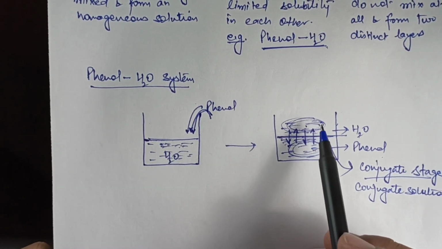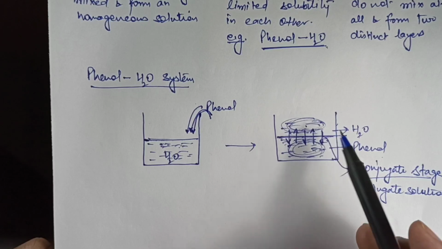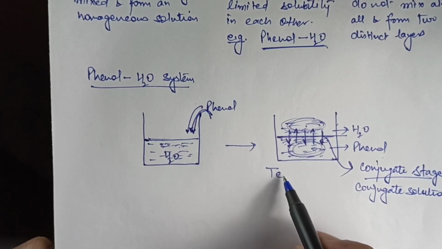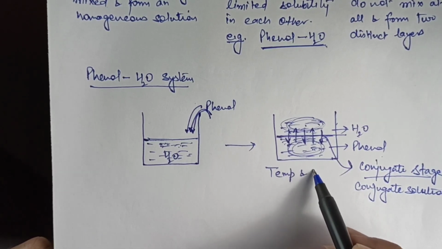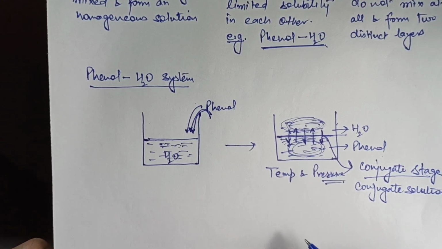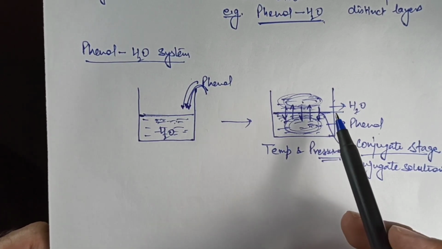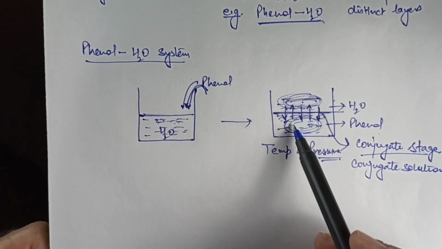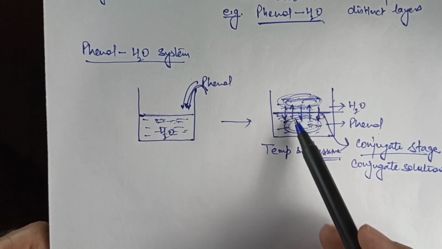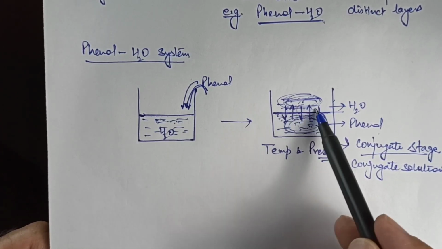Okay, at that stage the composition of both layers depends upon two factors, that is temperature and pressure. What does it mean? It means at a constant temperature the composition of each layer remains constant as long as the two phases are in equilibrium.